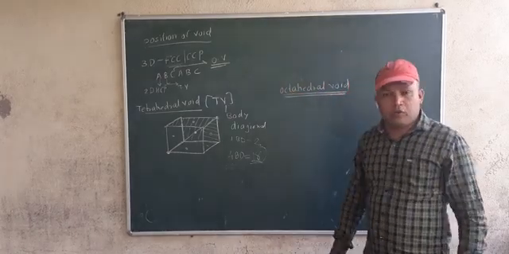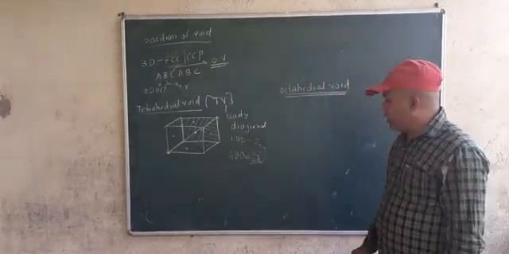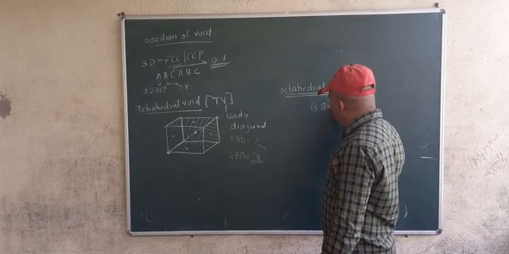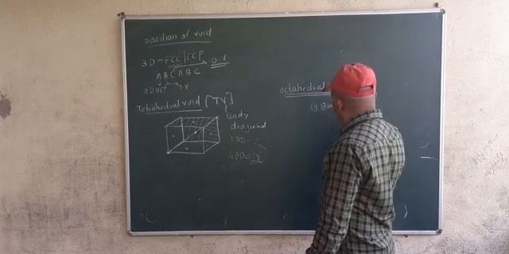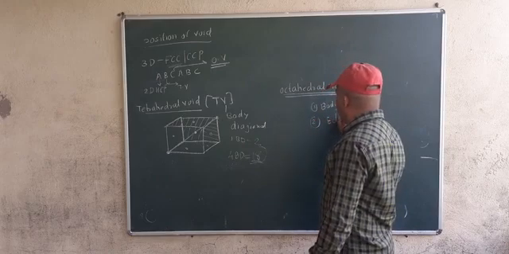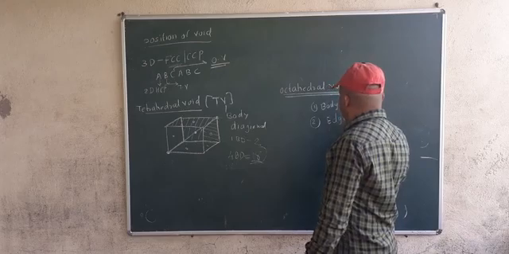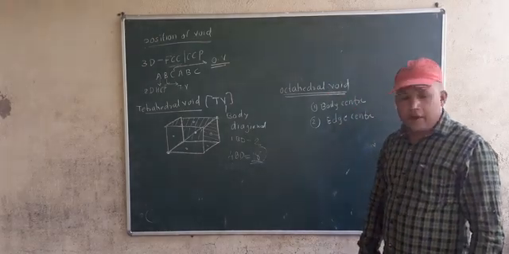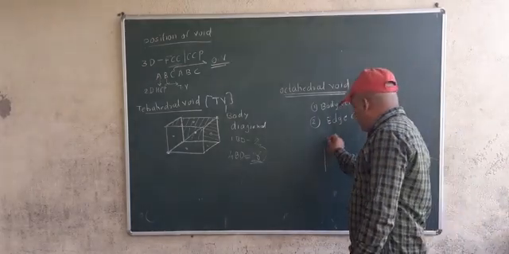Now we'll move for the octahedral void. Octahedral voids are in body center and edge center. आता मी एक क्यूब काढतो.